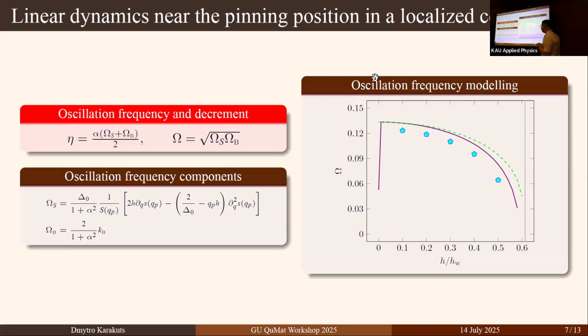As was already mentioned, the oscillation frequency is similar to the results that were shown for a case where there was no field present, except that in that case, those two terms with field were absent.